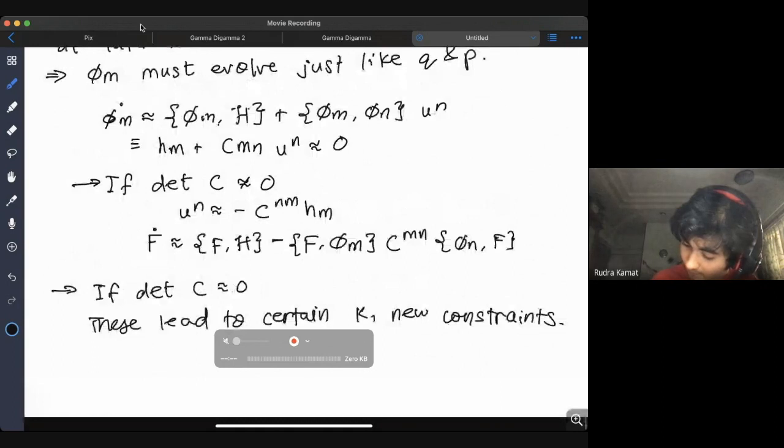So phi k is weakly 0. Those are the K1 constraints, which we can call J1 new constraints, M plus 1 to M plus K1, and they are called secondary constraints.